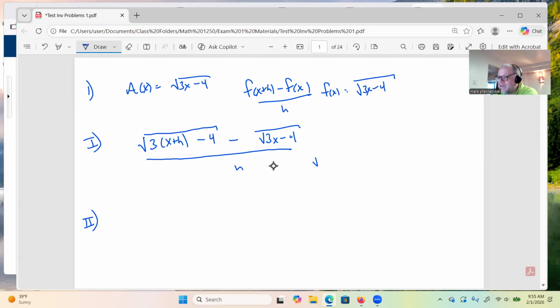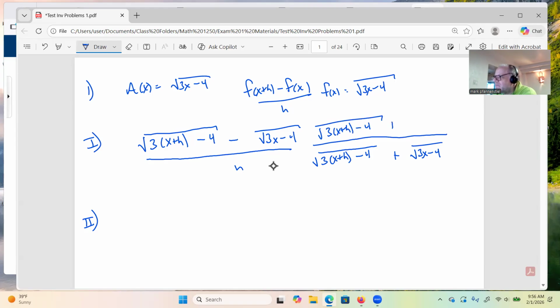So we're going to say the square root of 3x plus h minus 4. And the conjugate changes that middle sign, so plus the square root of 3x minus 4. And of course, we're going to divide by the square root of 3x plus h minus 4 plus the square root of 3x minus 4.